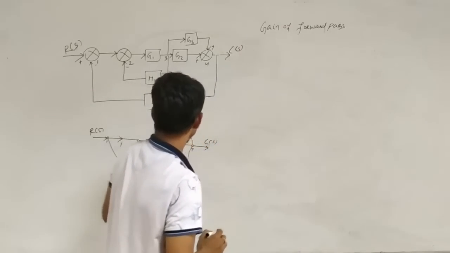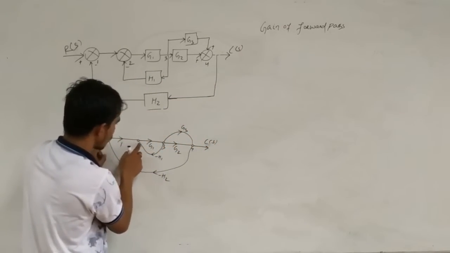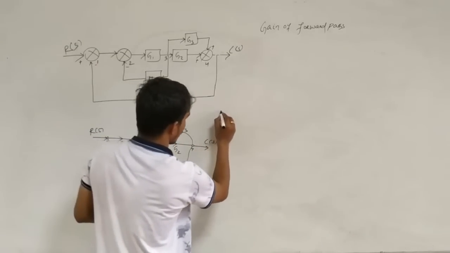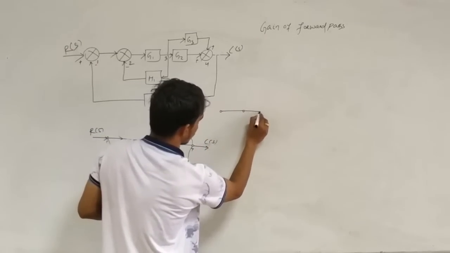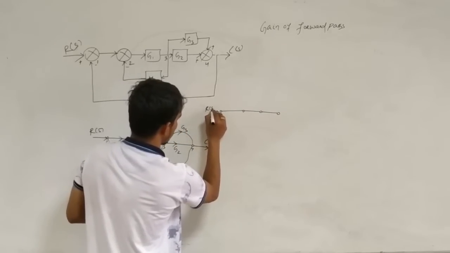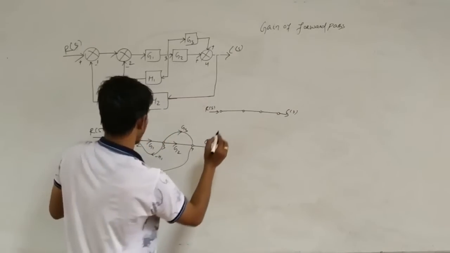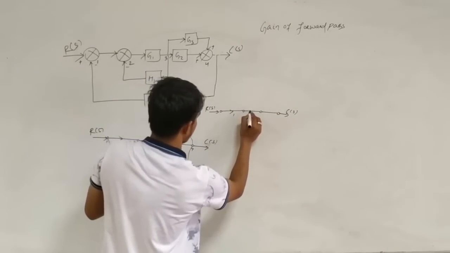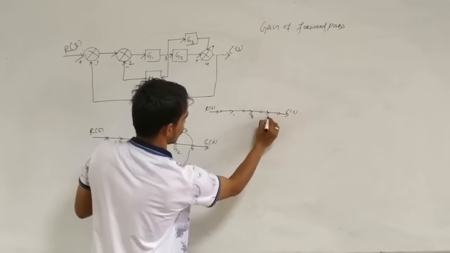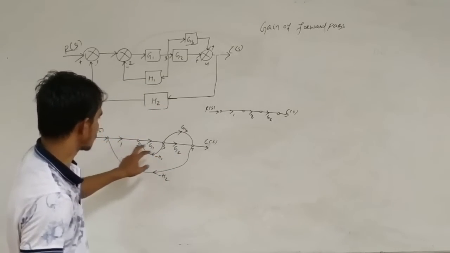From node 1 to 2, 3, 4, this can be a forward path. Suppose this is R(S) and this is C(S), and this is 1, this is G1, this is G2. So this can be a forward path.